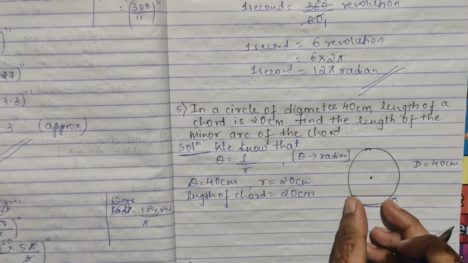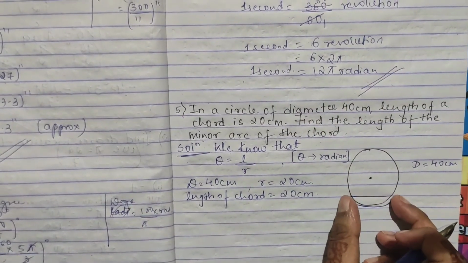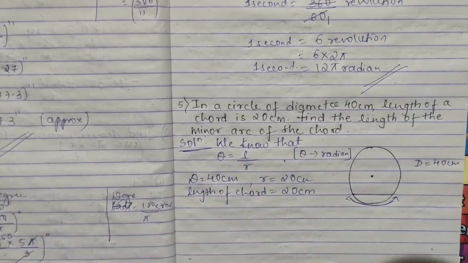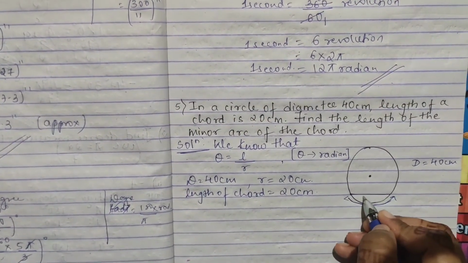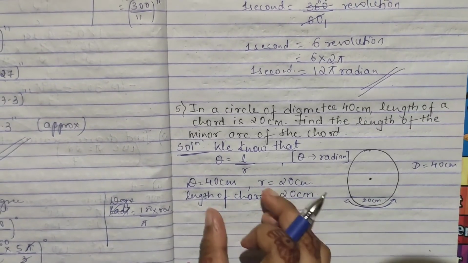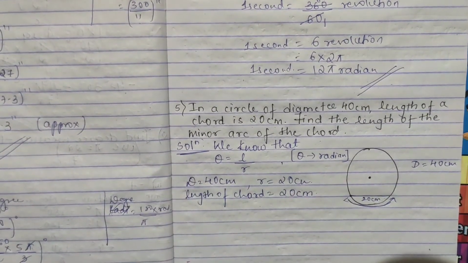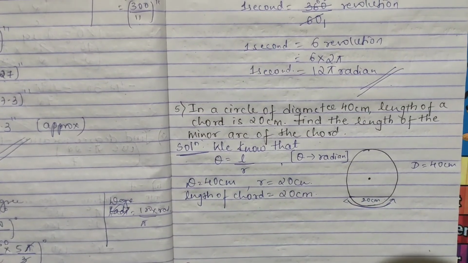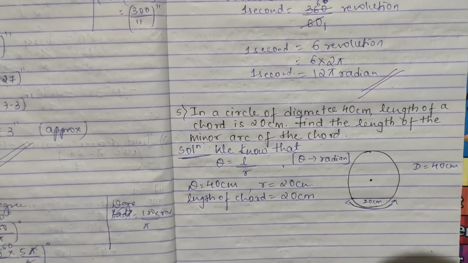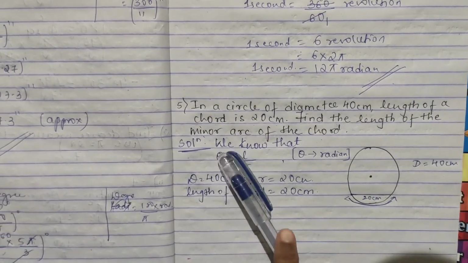Now this is how much, right? This chord is 20 centimeter. Now we just know this one formula, theta is equal to L by R, when you are finding it for the circle, when they give you length and radius.